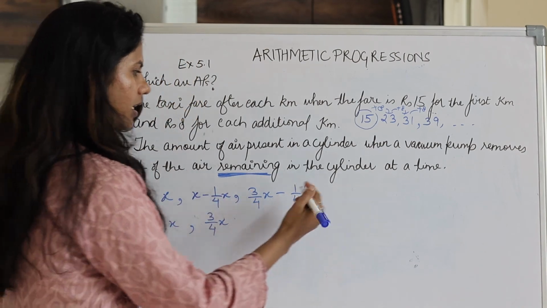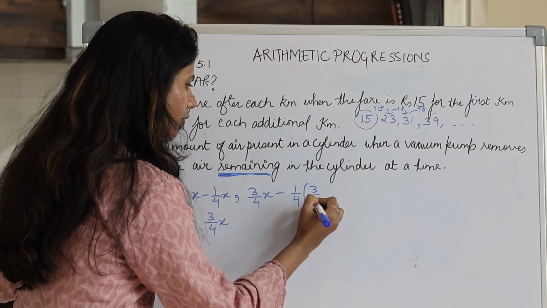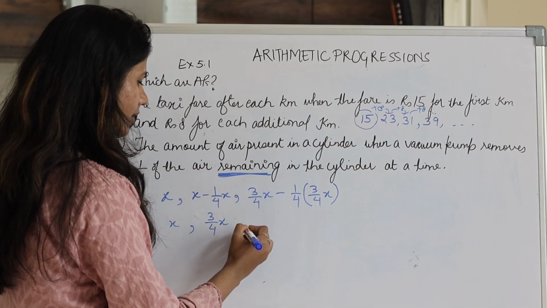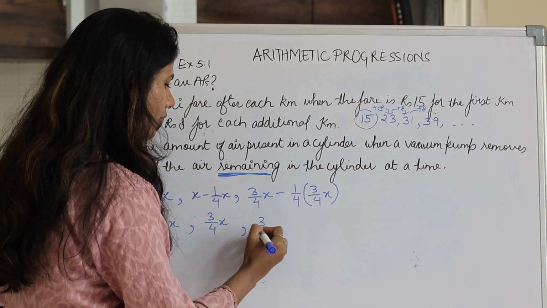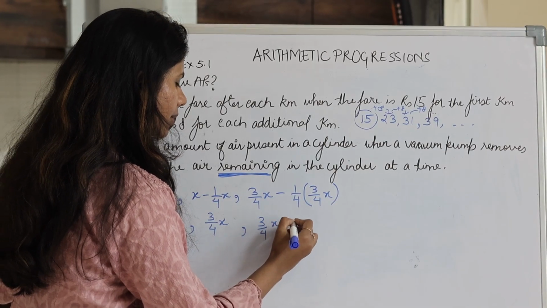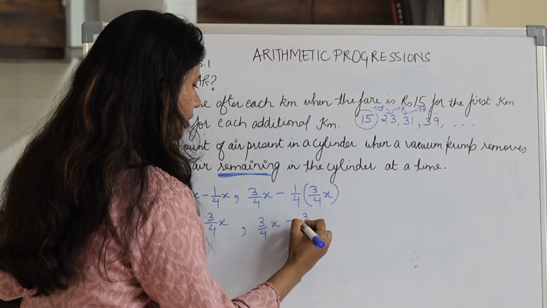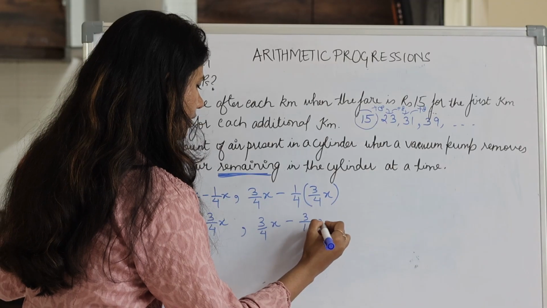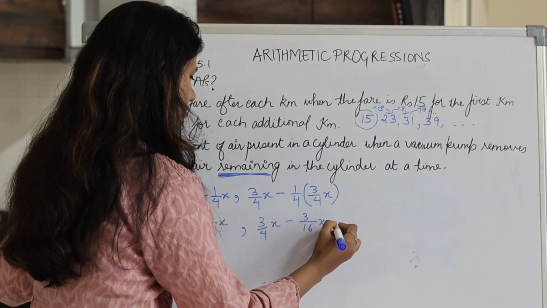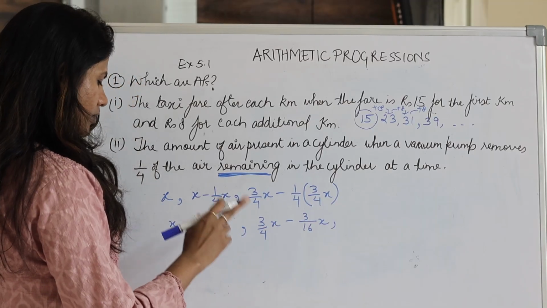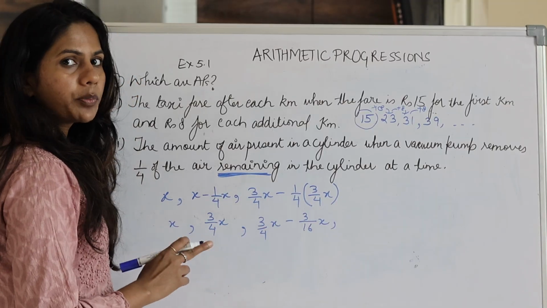The remaining air is 3/4 X. Let's simplify it. 3/4 X will remain the same, and this will be 3/16 X. Now let's see, is this an AP or not?